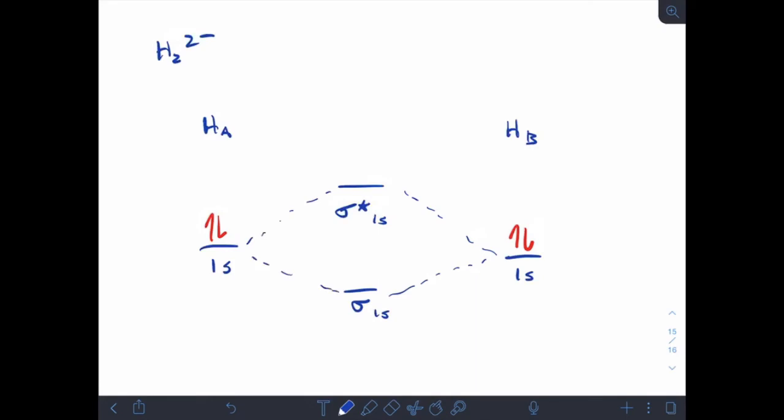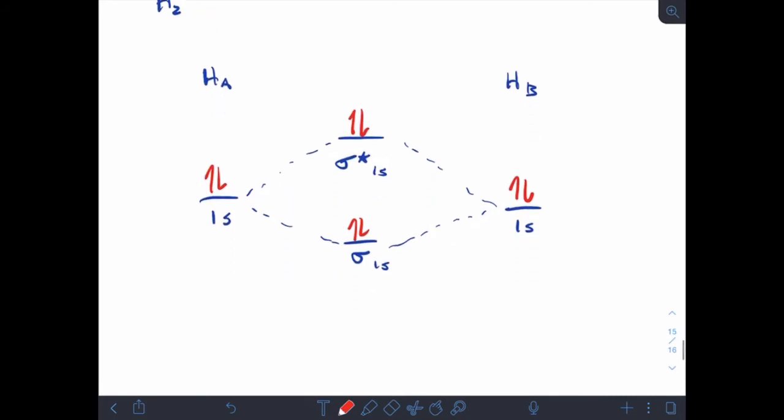So I've got 4 total to put in the central part of my drawing. I'm going to fill from the bottom first. So I've got 1, 2, 3, 4. I take my total number of electrons from the outsides and put them in the center of my drawing.